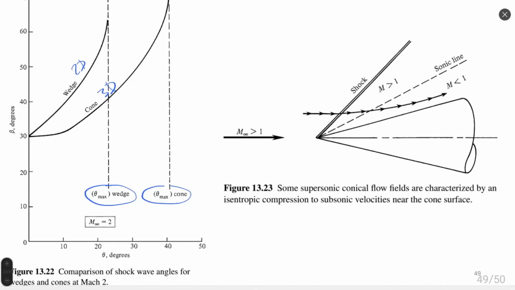And this happens because area is changing proportional to linear dimension, and for conical shape, area changes proportional to the square of linear dimension. So since area increases faster for a three-dimensional body, the maximum conical angle could be bigger to achieve the same values of occupied area, let's say.